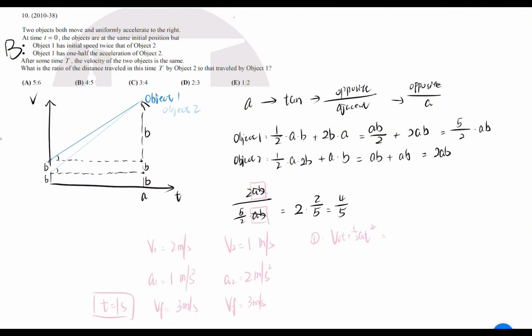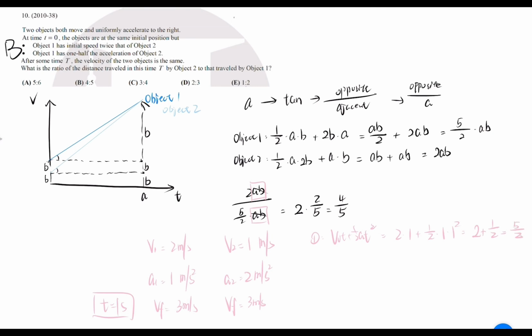This is 2 multiplied by 1 plus 1/2 multiplied by 1 multiplied by 1 squared, which is 2 plus 1/2, which is 5/2.